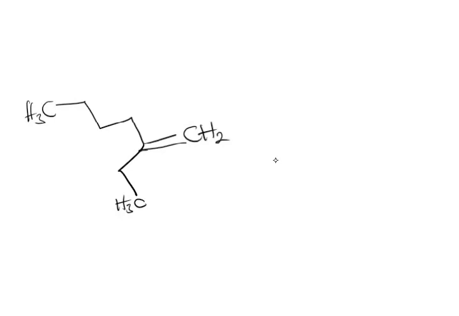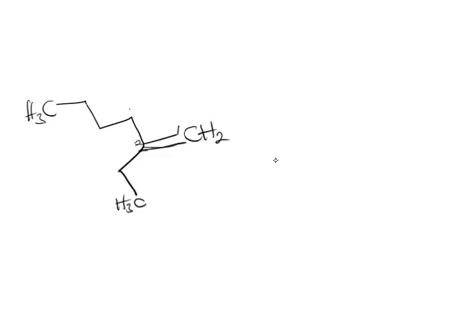So with this, I'll have to locate my multiple bonds, and then I have to check the longest chain containing the multiple bond. So with this, I'll start here with 1, and this is my 2. Now if I go this way, you see it will be shorter, but if I go this way, it will be longer. So I'll have to go the longer way.